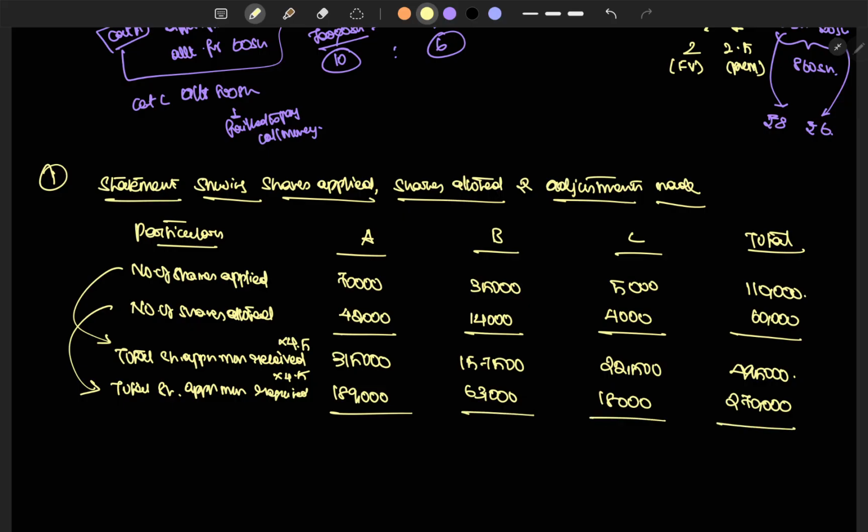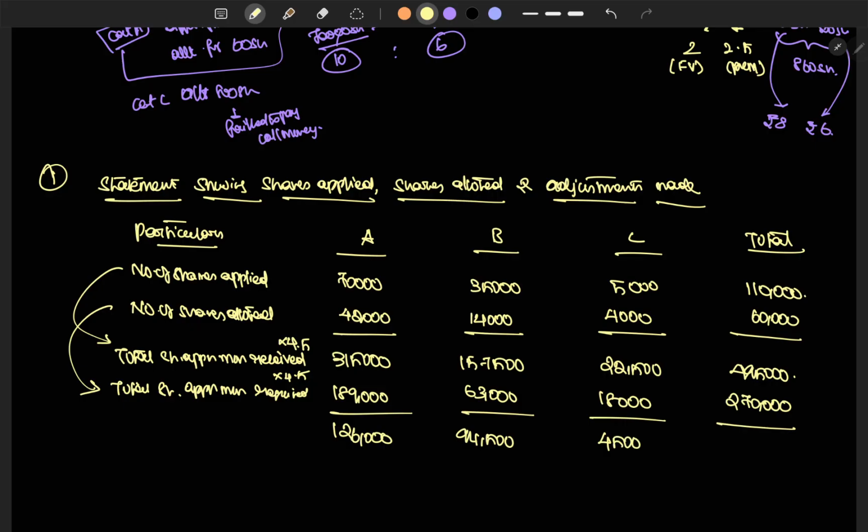So what's the difference value we have in excess after setting off the money which has to be paid for application money? 3,15,000 minus 1,89,000 gives us 1,26,000. 1,57,500 minus 63,000 gives us 94,500. 22,500 minus 18,000 gives us 4,500.